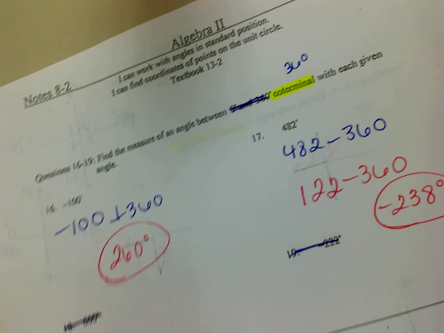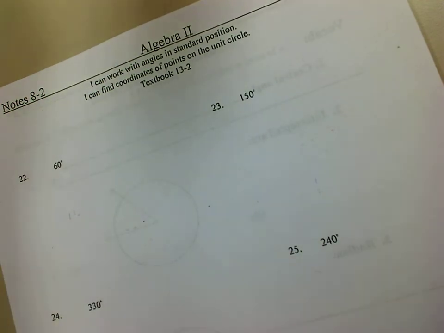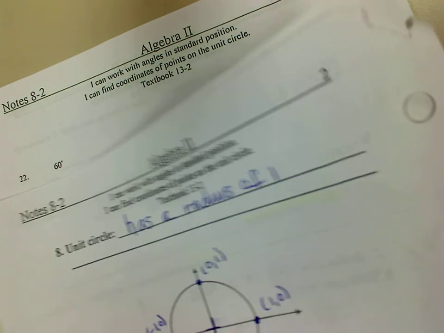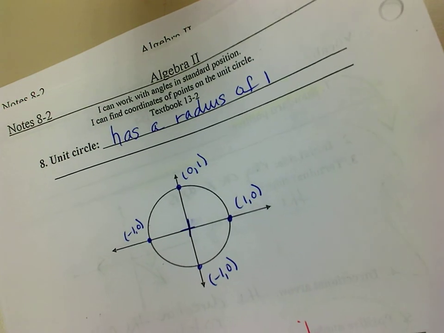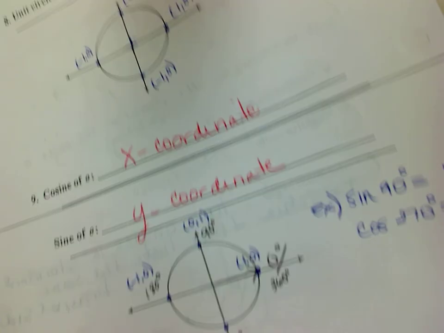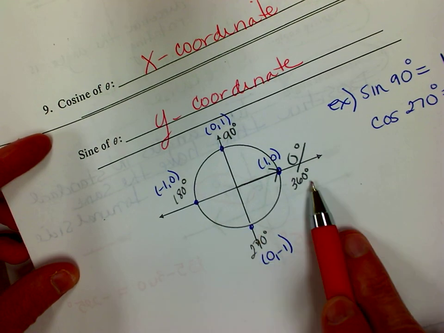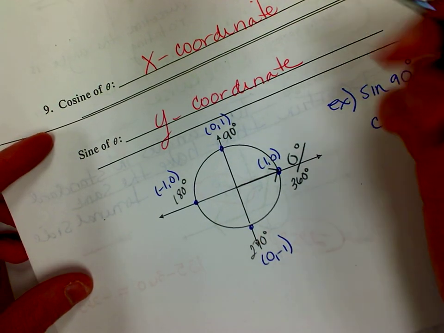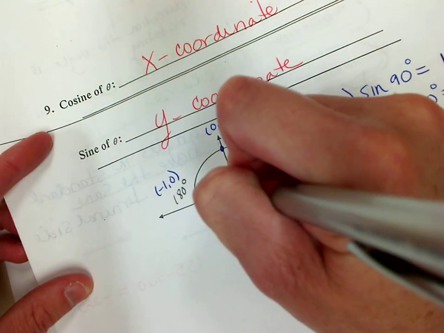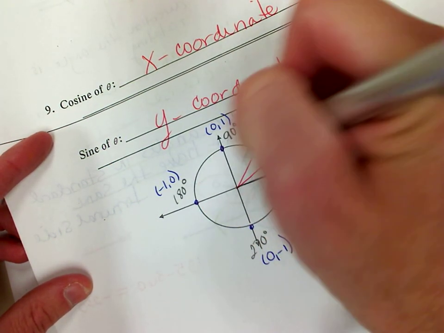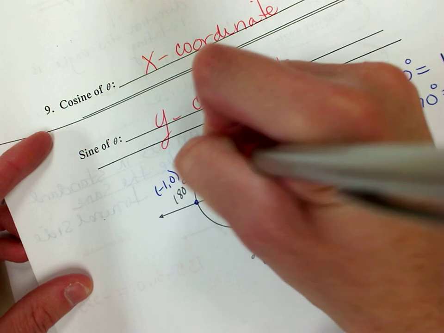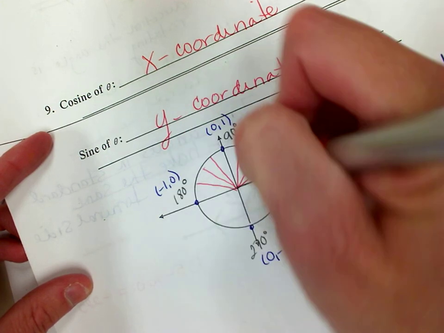Okay, now, if I go back and look at this page, right here, down at the bottom, I gave you 0, 90, 180, 270, 360. Well, it also happens that I'm going to have more angles in here that we need to talk about.